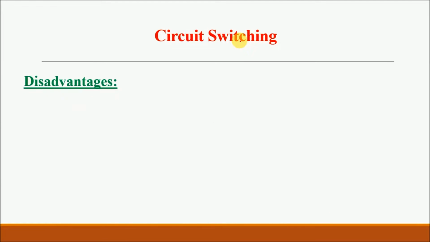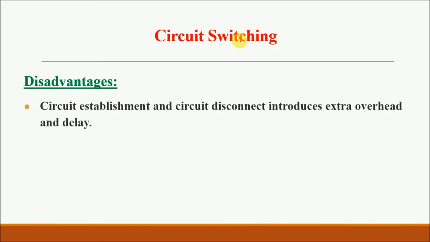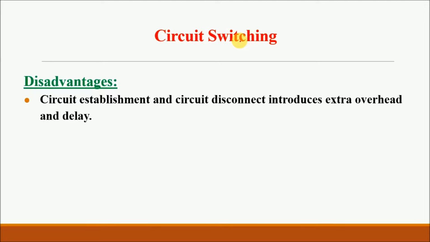Now, what are the drawbacks of circuit switching? The main drawback of circuit switching is that for circuit establishment and circuit disconnection, some extra overhead and delay is required. Every time you have to establish a circuit, and after communication you have to disconnect the circuit.